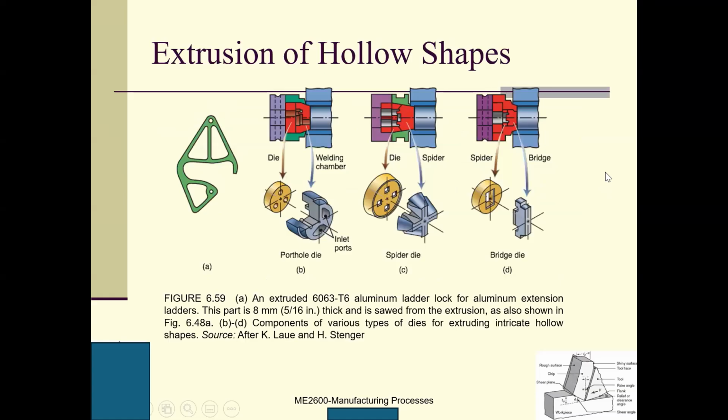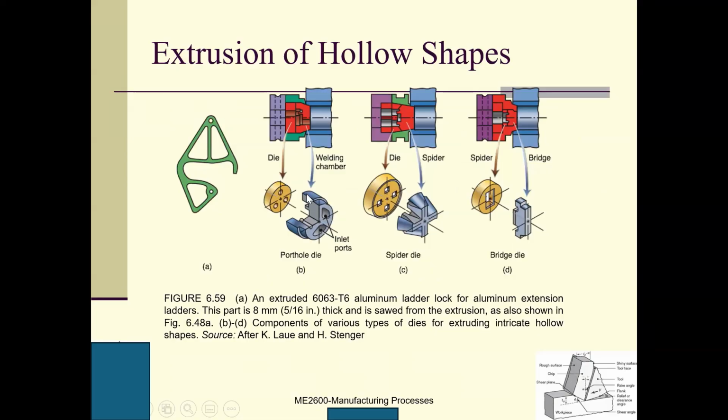So another one is extrusion of hollow shapes. These are hollow shapes. As long as you have this kind of die, you can have these hollow shapes. This hollow actually is because you have the material in this part of the die.